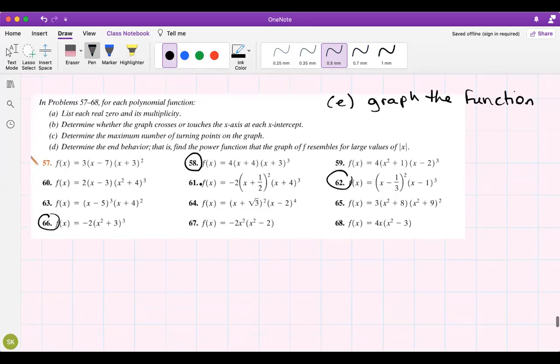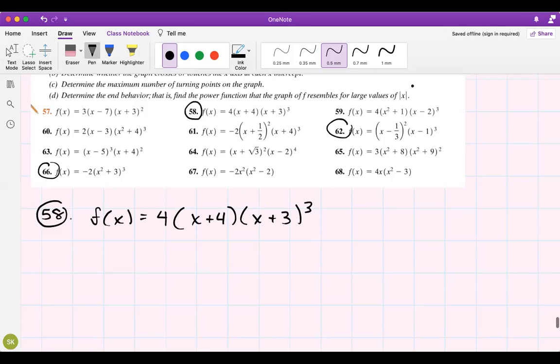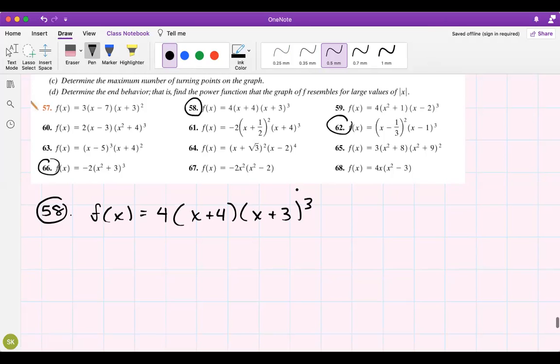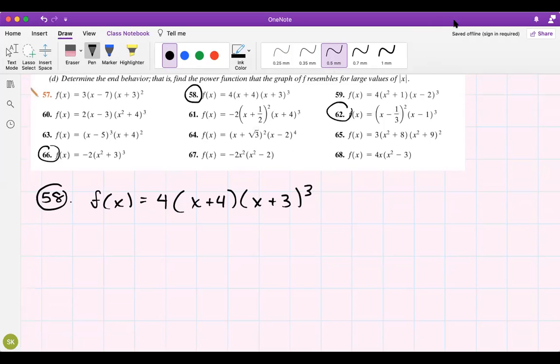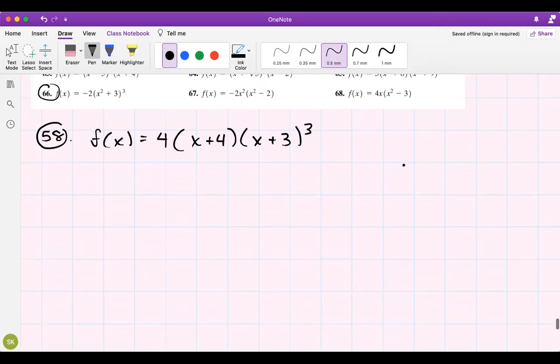And we're going to do problem 58 first. So we have f of x is equal to 4x plus 4 times x plus 3 cubed. We need to draw the x and y axis here.